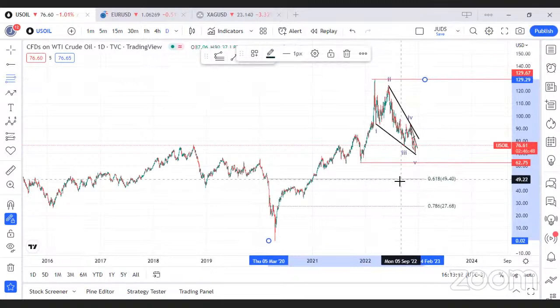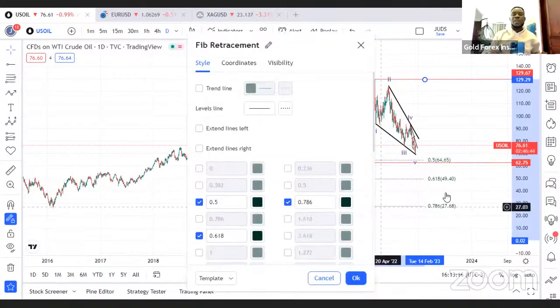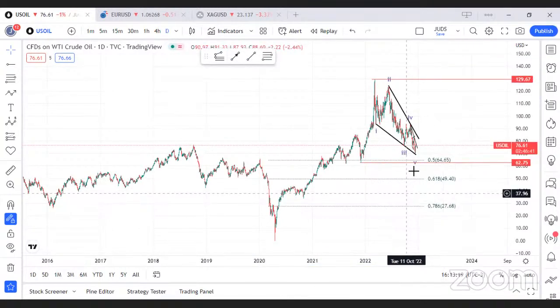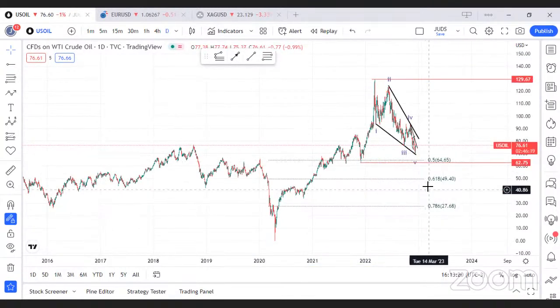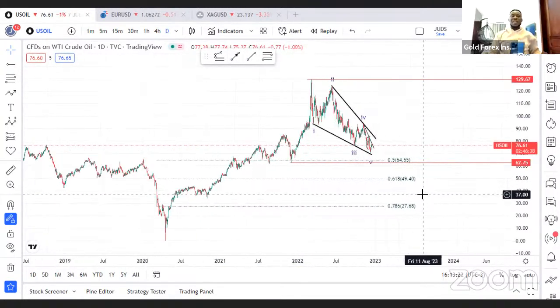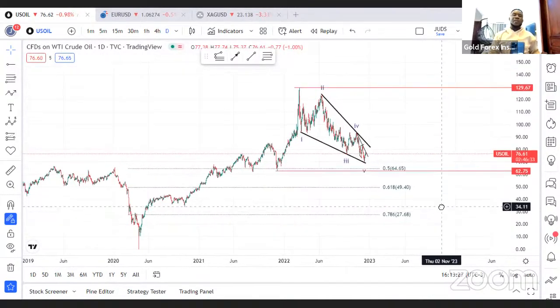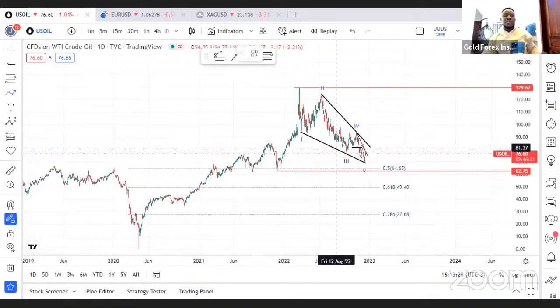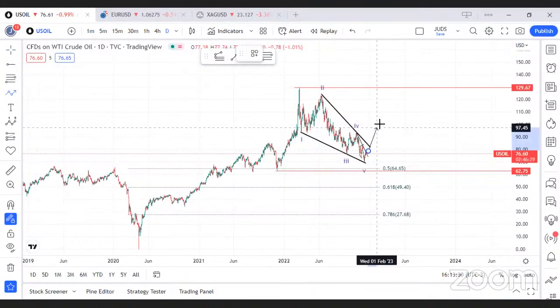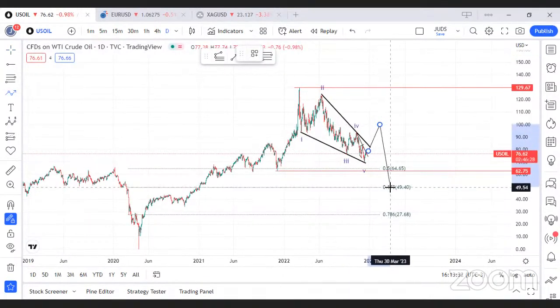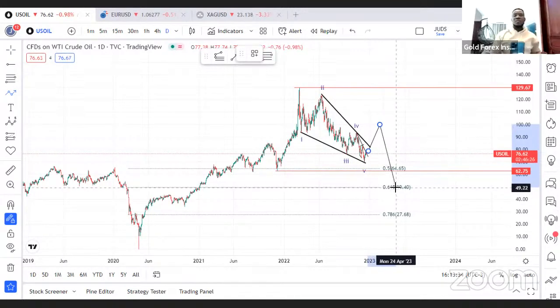Here's the 60. Okay, so it can break. You see, you haven't even touched the 50 yet. Yeah, it can break. It's just like the dollar index. So it can break and come down to 61.8, or form a flat correction and come to 50.